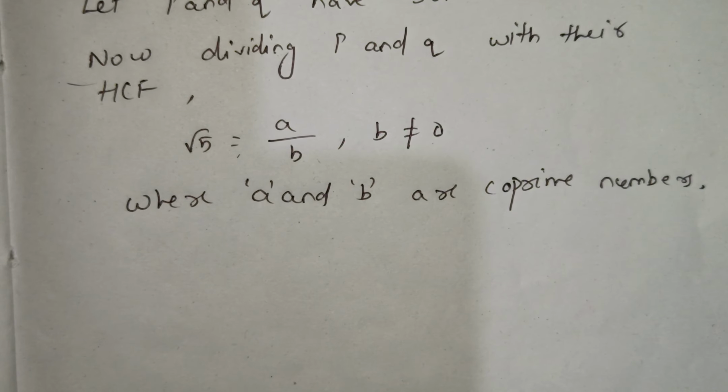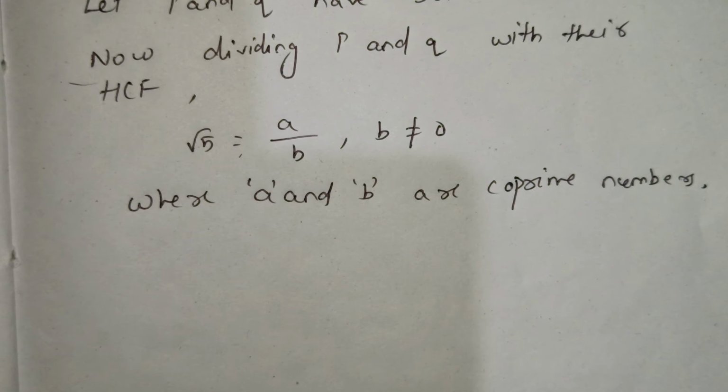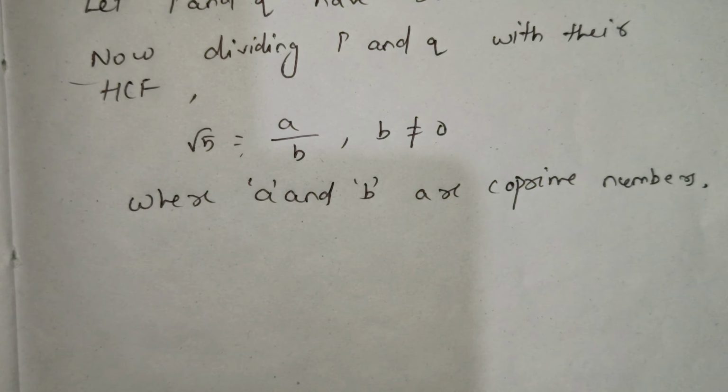Two numbers which have only 1 as a common factor. Like the example of 4 and 5. The factors of 4 are 1, 2 and 4. The factors of 5 are 1 and 5. Both have highest common factor 1, so they are known as co-prime numbers. Those numbers which have highest common factor 1 are known as co-prime numbers.